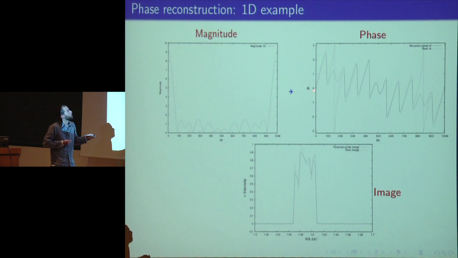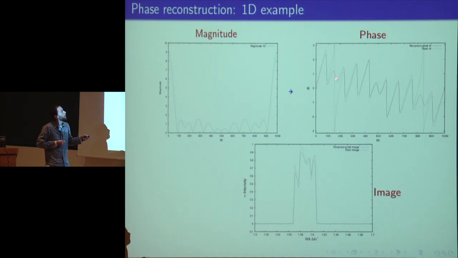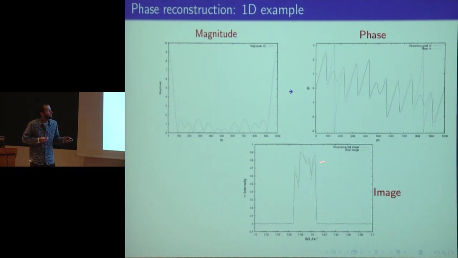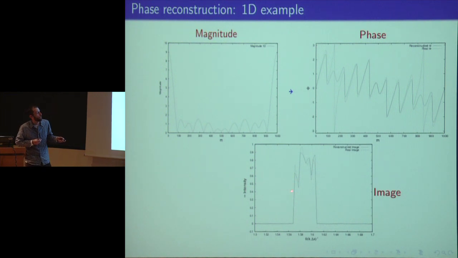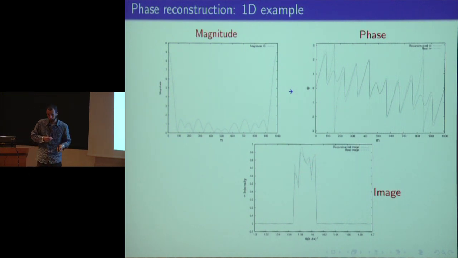The solid line here represents my phase estimation, and the dotted line is the real phase. Except for a few points, they match fairly well. You can also see the comparison between the reconstructed image, the solid line, and the real image, the dotted line, and they match fairly well.